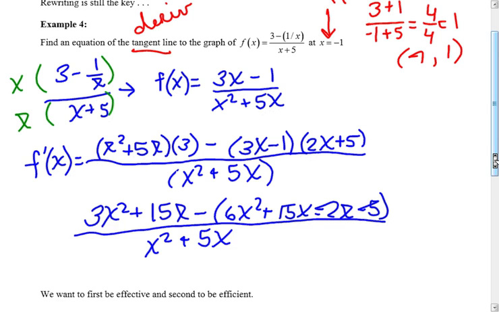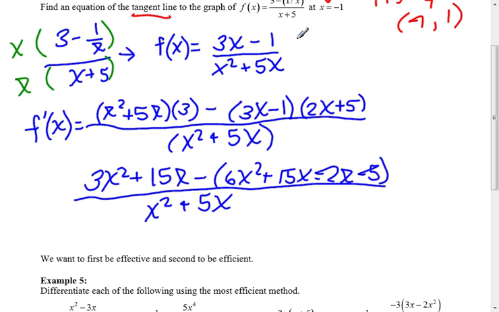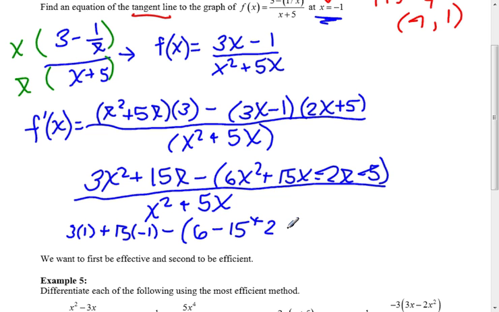I think I'm ready to plug in that point. Okay, x equals -1, because I need to find the slope at that point. So 3 times -1 squared, which is just +1, plus 15 times -1. Alright, minus, that's going to be 6 minus 15 plus 2 minus 5 all over the bottom part.